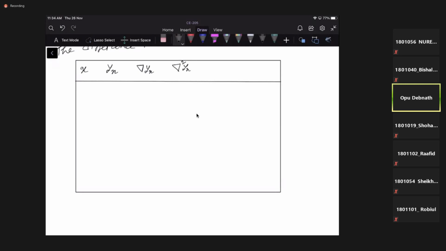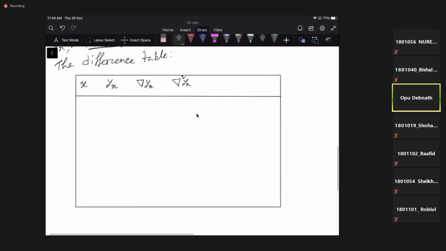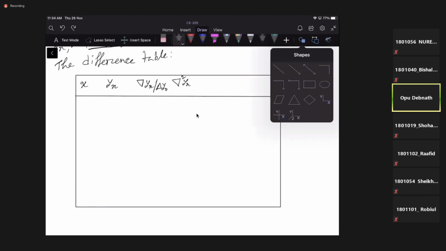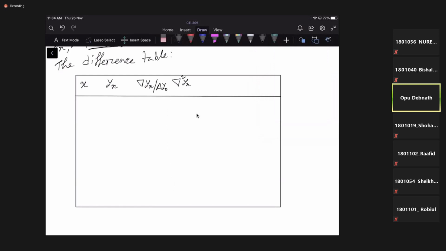For real life data or field data, it is recommended to use the formula based on your problem, but the difference table is the same. There is no change in the difference table. I write nabla y(x), this is also del y0. Same thing. There is no change actually.